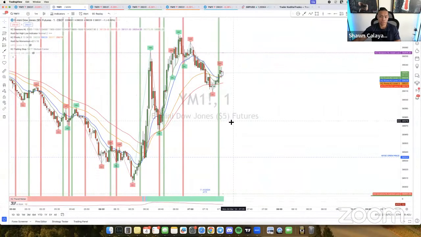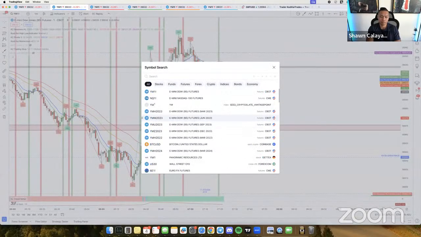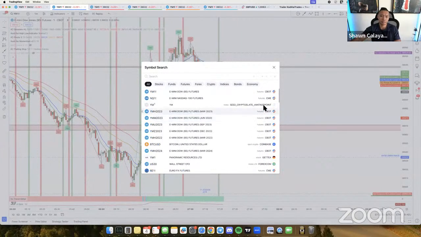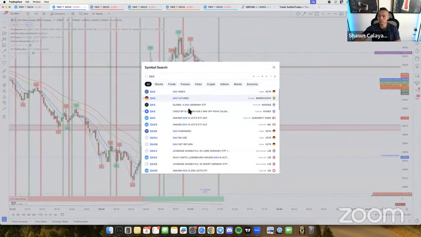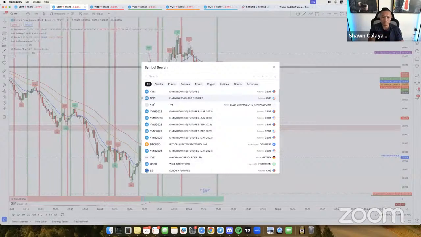If you want to trade futures, you can too. If you want to trade DXY, which is the dollar index, I mean, like you said, DAX is... no, sorry, DAX is, you're right. I got that mixed up. DAX actually is the German index. Sorry, I got DAX confused with the currency, which I think is EXY.